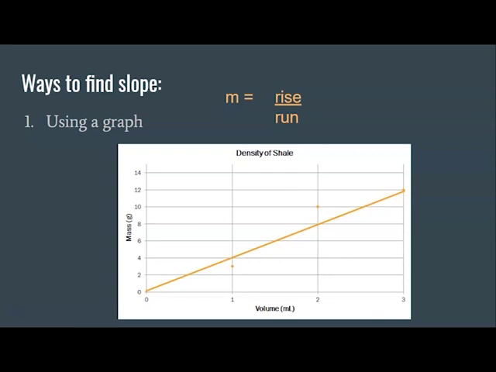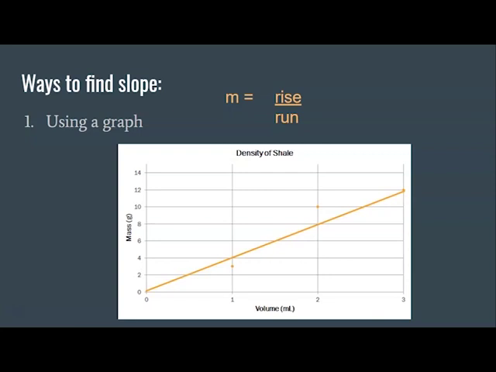When you're using a graph, I think, Ramir, you're the one who said this, right? Your slope, one way to find it, there's multiple ways to find it, but one way to find it is rise over run. So I need you to write that down right here. It says, above your graph, using a graph, M equals, you're going to write rise over run.